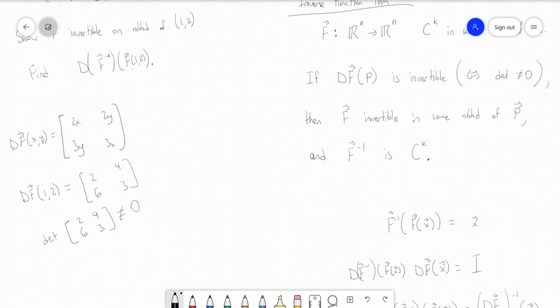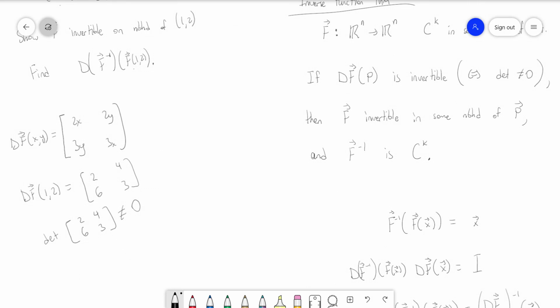Because the determinant is not 0, you can conclude by the inverse function theorem, which I'll abbreviate as IFT, that the function f is invertible in some neighborhood of the point 1, 2.